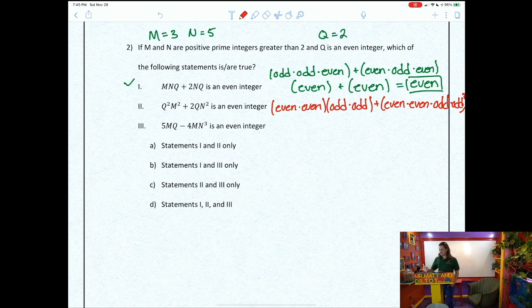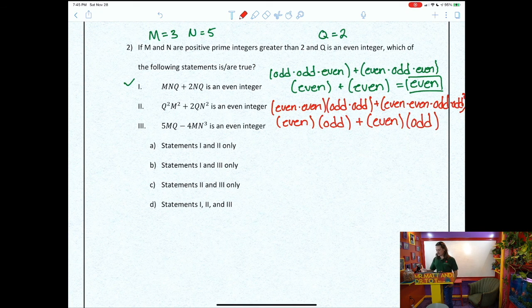An even times an even is an even. An odd times an odd is an odd. An even times an odd will remain even. So we're going to have an even plus an even, which will always remain even. So statement 2 is true.